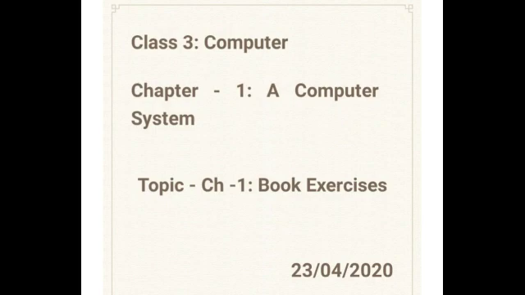A computer has four main parts, that is keyboard, mouse, CPU and a monitor. These four main parts help in the working of a computer through the IPO cycle.